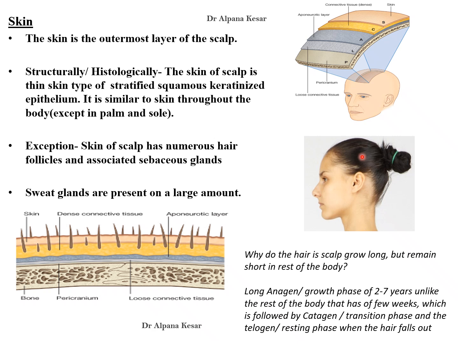The hair in the scalp grows longer as compared to the rest of the body, where the hair remains short. This is so because in the scalp, the anagen or the growth phase lasts for 2 to 7 years as compared to the rest of the body, where the anagen phase lasts only for a few weeks.